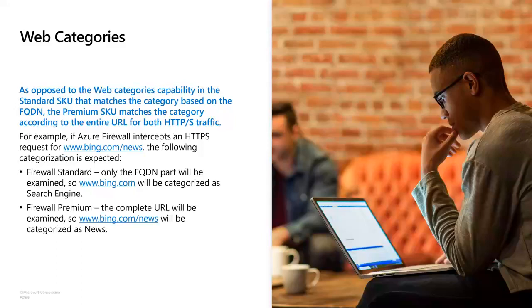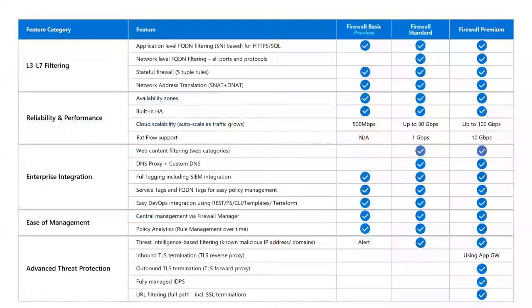Since it is /news, it will categorize it as news instead of search engine. So we have more specific analysis on the traffic, and thereby we can configure our rules that way. All right, so those were the features we had in Azure Firewall Premium on top of the previous features.